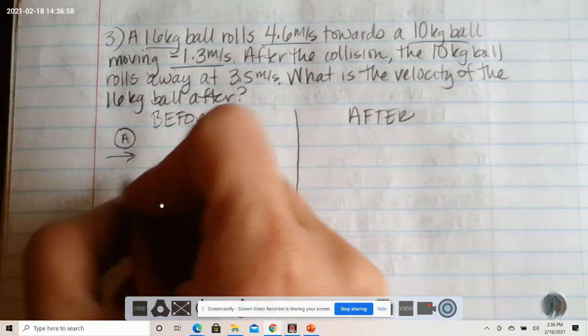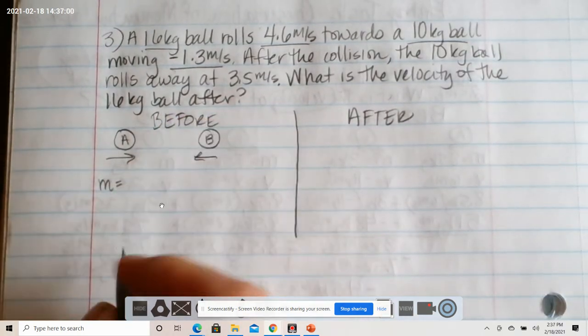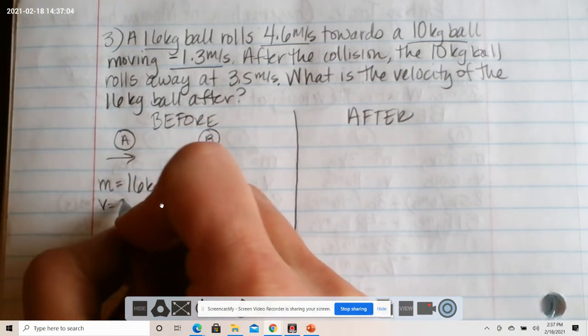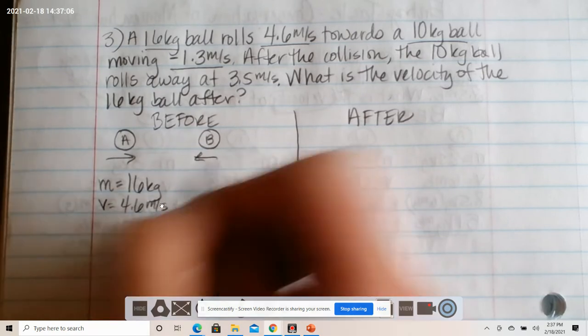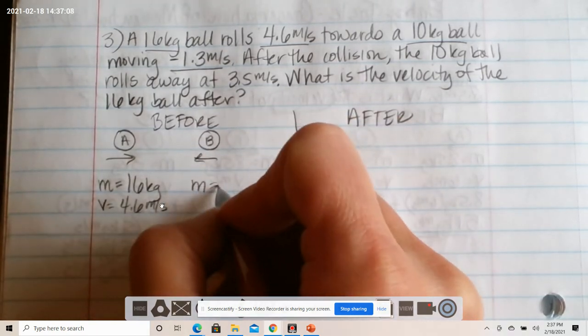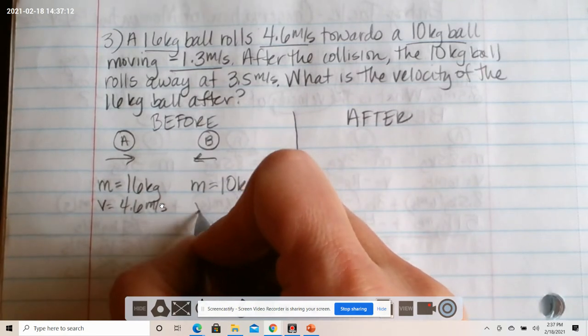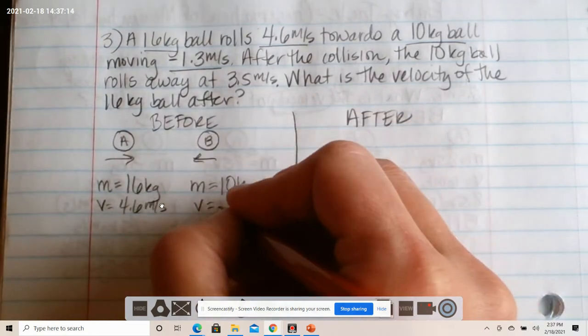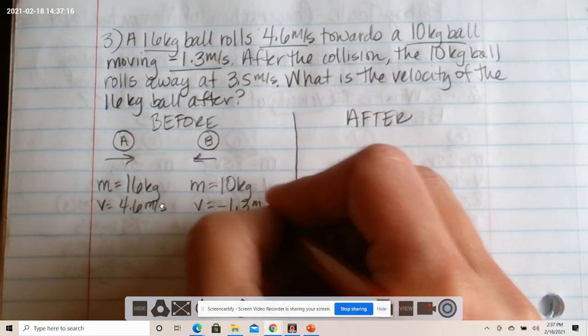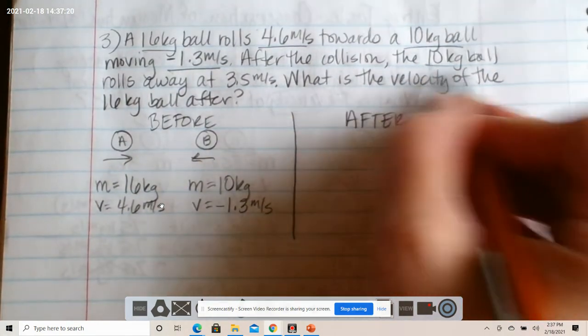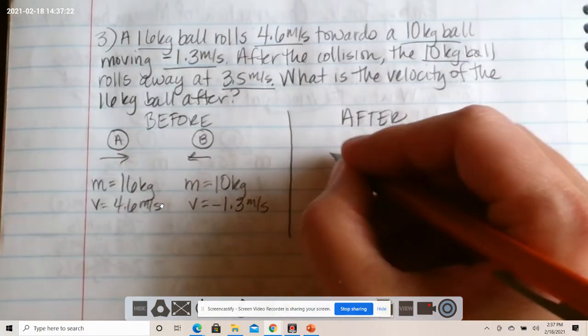So let's set up the numbers. Mass of object A is 16 kilograms, and the velocity is 4.6 meters per second. And the mass of object B is 10 kilograms, and its velocity is negative 1.3 meters per second. After the collision, the 10 kilogram ball rolls away at 3.5 meters per second.